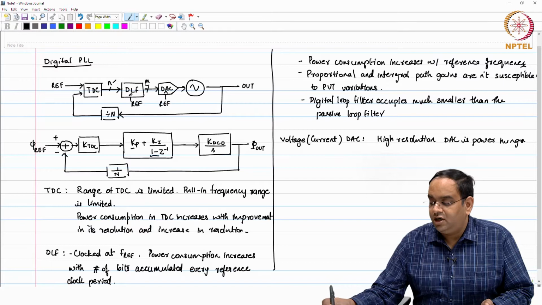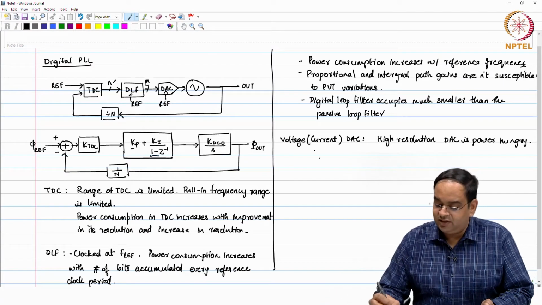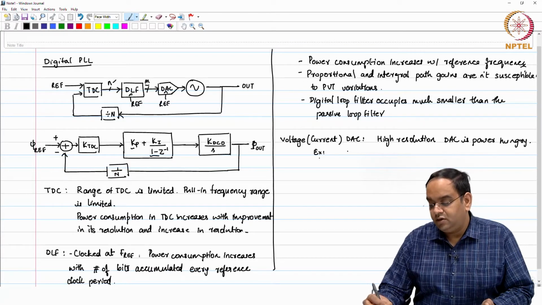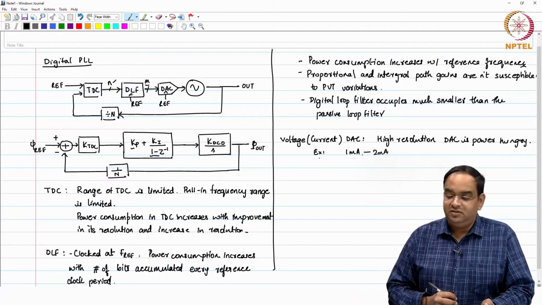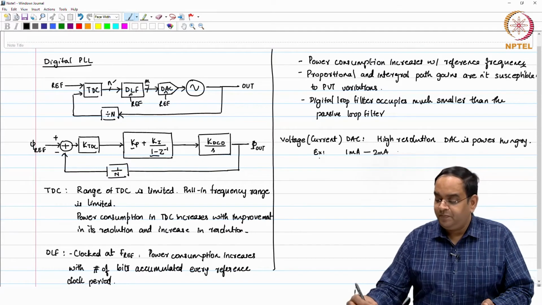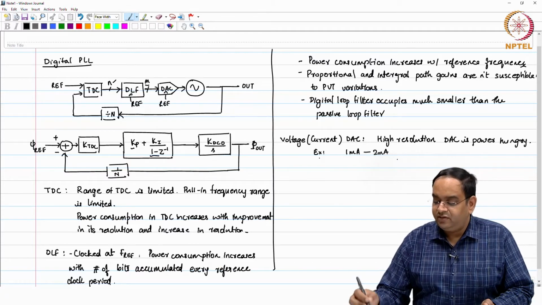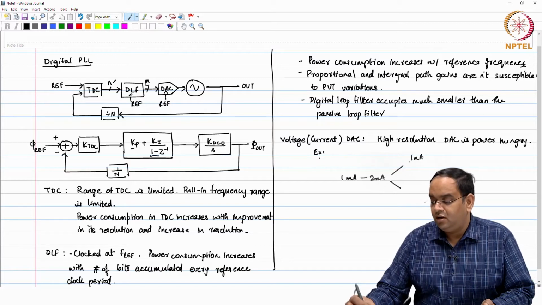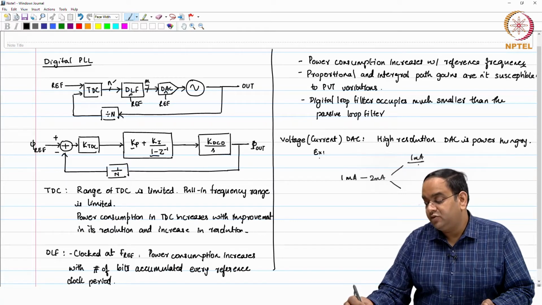So, what it means is, let us say this is just an example. Let us say I want to control current from 1 milliampere to 2 milliampere. This is the range of the current variation. I can do this in two ways. One, I can have a resolution of 1 milliampere by 2 power 6.